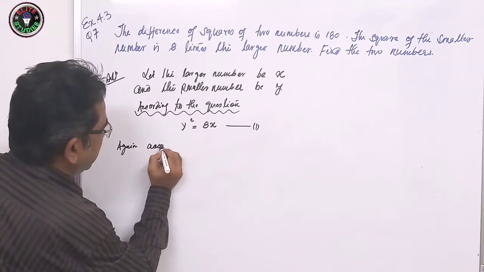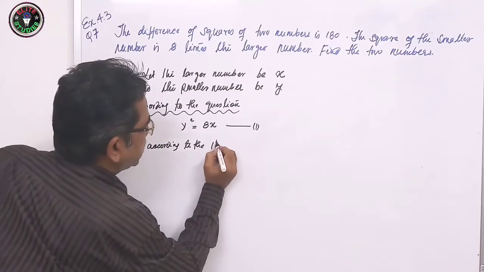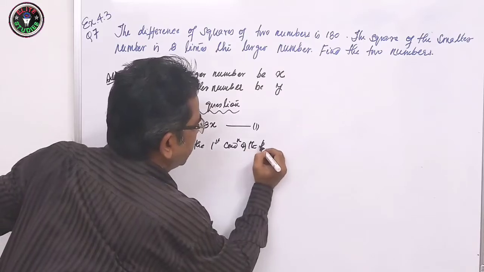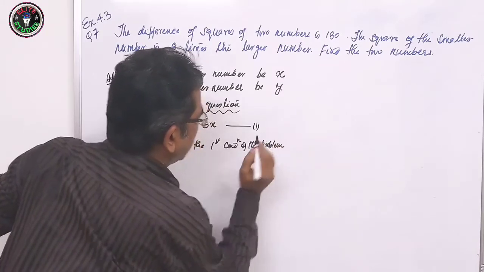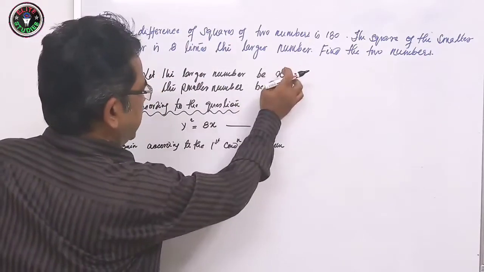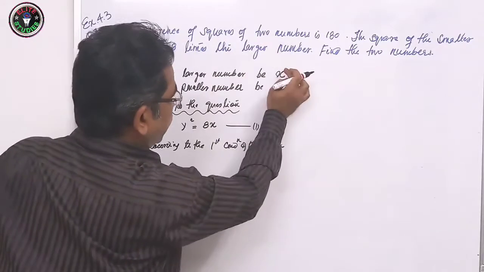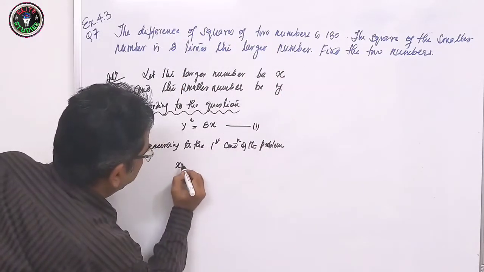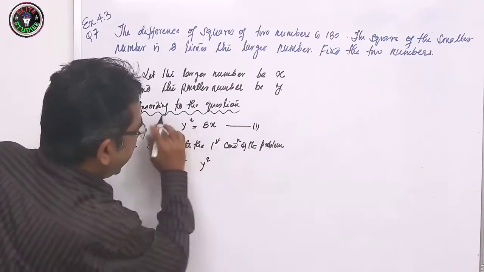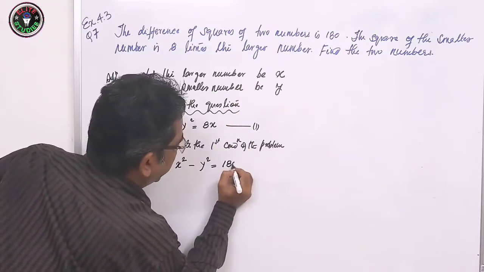Again according to the first condition of the problem, what do we get? The difference of squares: the larger number is x, so first you do the square, x square, and for y it is y square, and the difference is equal to 180.